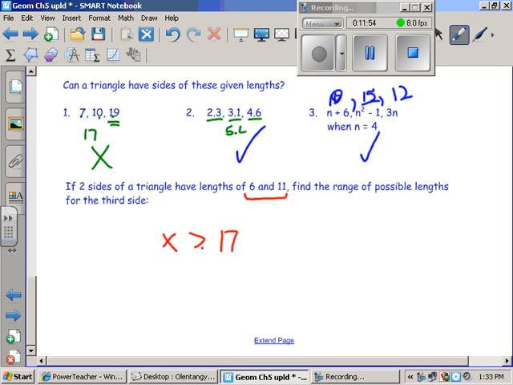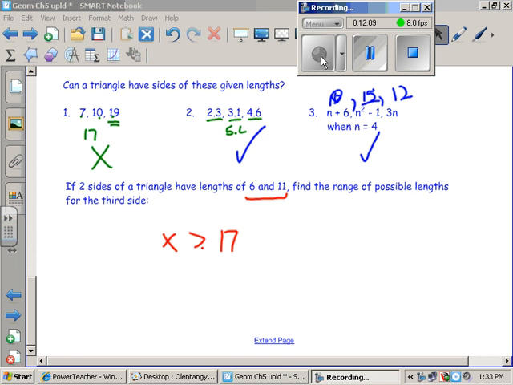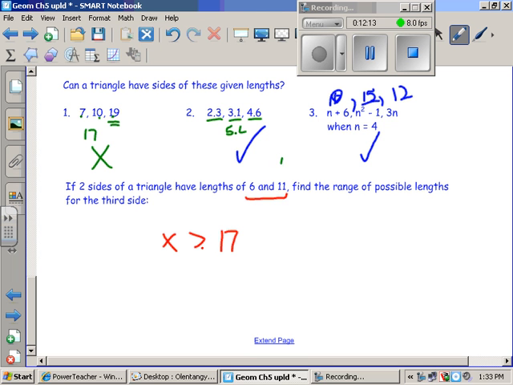But now think of it the other way. 6 plus the second side has to be greater than 11.